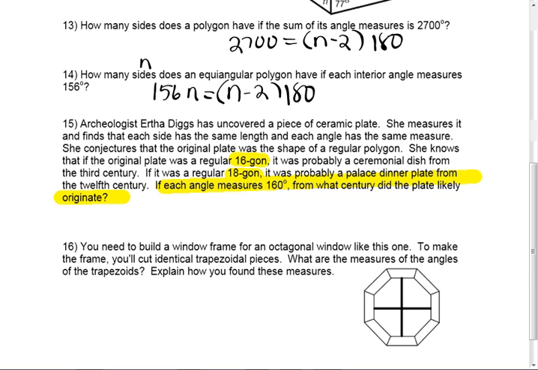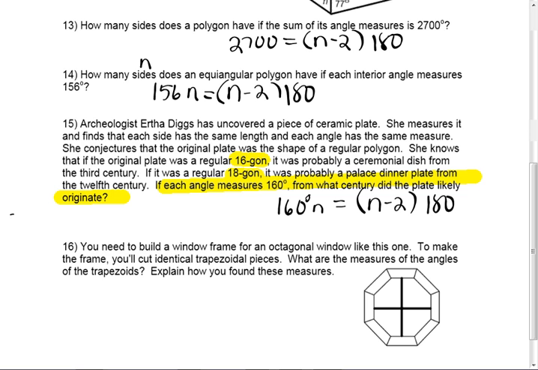If it's an 18-gon, it's a 12th century. So there's an application there. So I have each interior angle is 160 degrees, so it's 160n equals n minus 2 times 180. And by the way, I could use the exterior angles now that I know about it. How big is the exterior angle? This is equiangular.